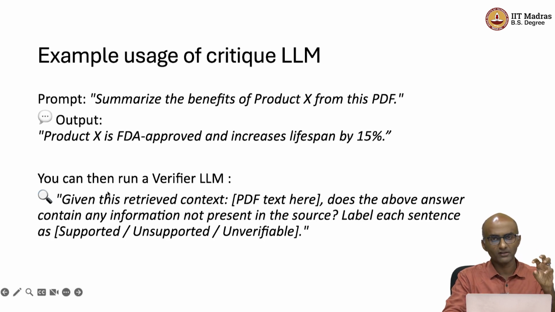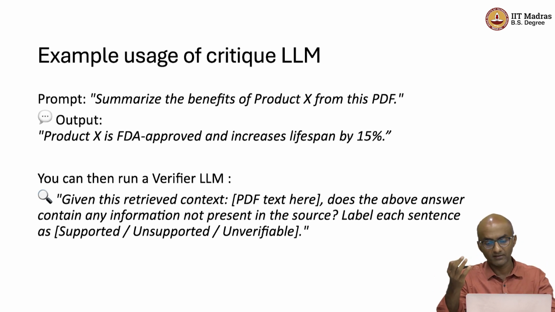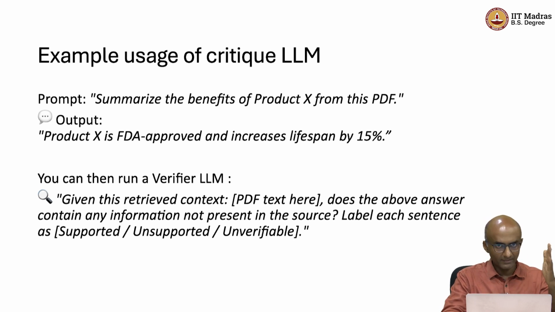And the instruction it's given is, given this particular retrieved context from the PDF, does the above answer from the other LLM contain any information which is not present in this source? If so, go about labeling every one of those sentences as verified, not verified, right, or unsupported. So this is a way to use a critique LLM for, like I said, specific request responses which are critical for you to get right.